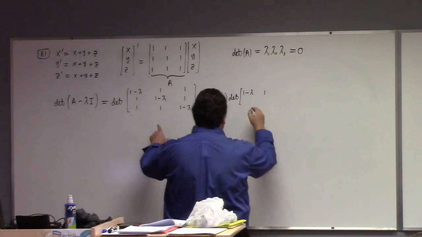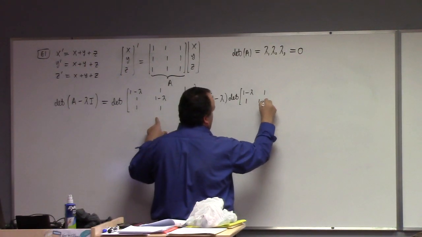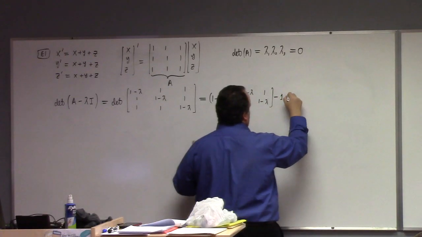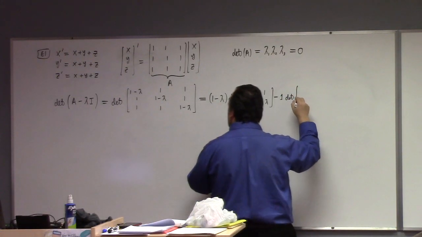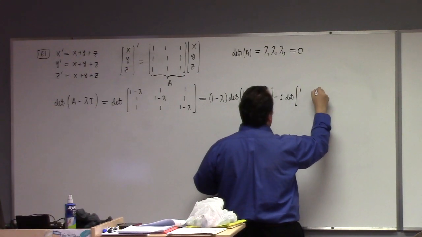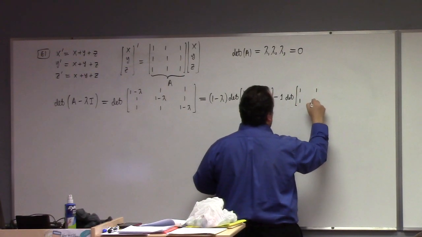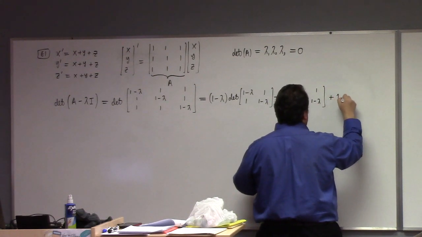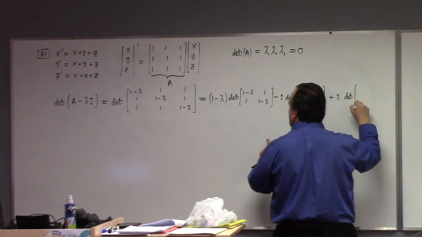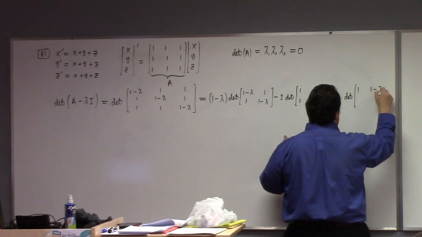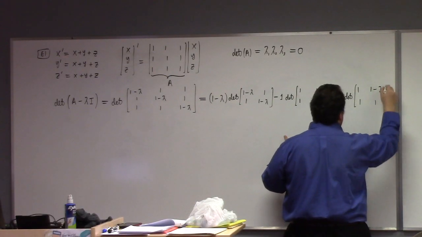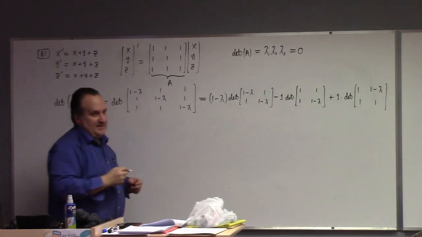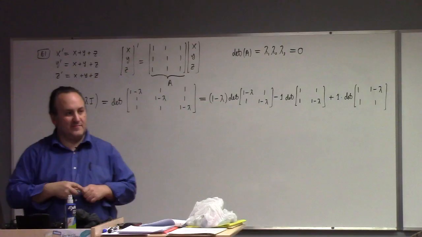So 1 minus lambda, right? And then minus 1 times the determinant of 1, 1, 1, 1 minus lambda. Plus 1 times the determinant of 1, 1 minus lambda, 1 and 1. All right. This is not the greatest example for learning determinants from, right?